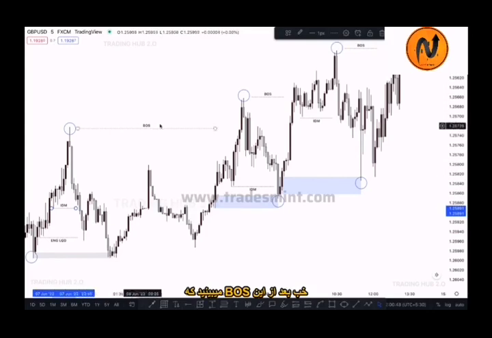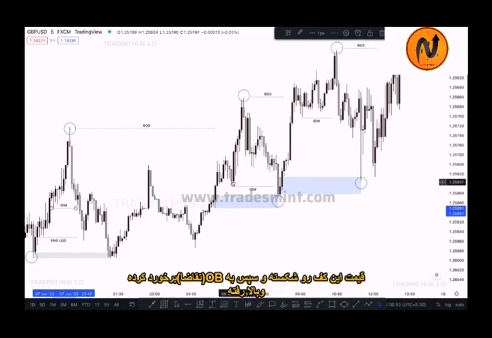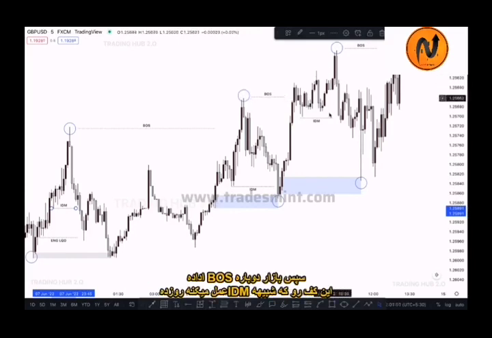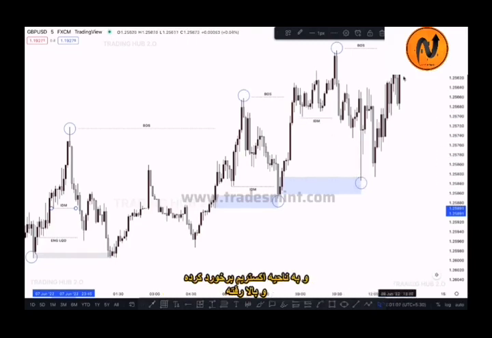So after breaking this structure, you can see again the market takes out the first low, then taps on this demand, this order block, and pushes higher. Again the market breaks the structure, takes out the first low, which acts like an inducement, and taps on the extreme order block and pushes higher.